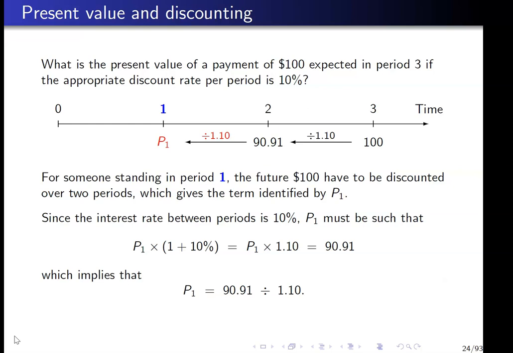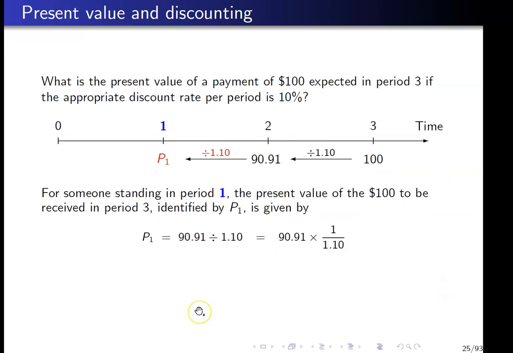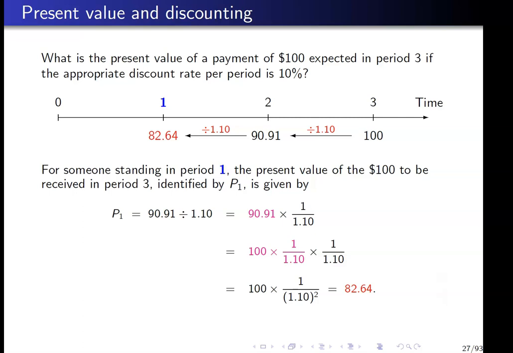So P1 times (1 plus 10%) would have to be equal to P2, which is 90.91, meaning that P1 is 90.91 divided by 1.1. And 90.91 is itself 100 divided by 1.1. So P1 is 100 divided by 1.1 to the power 2.